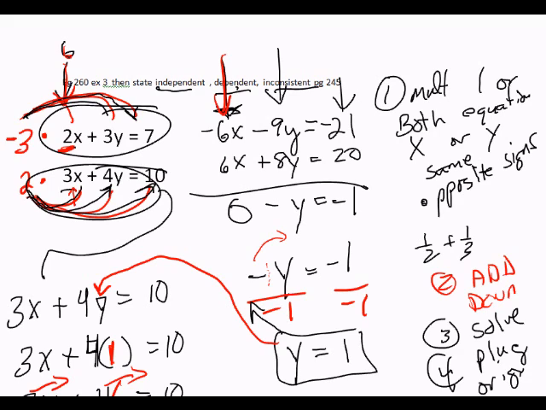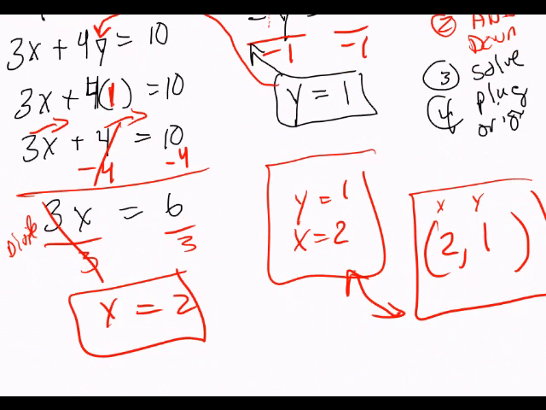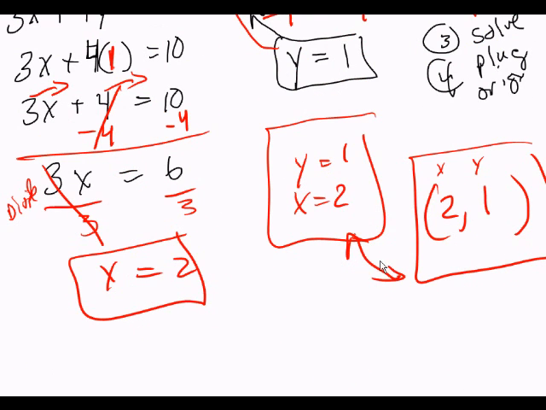So the question is, is this independent, dependent, or inconsistent? Well, the first graph that has exactly one solution like we have is independent. So for this answer you should write not only the answer here, 2, 1, but you also have to write that they're independent.